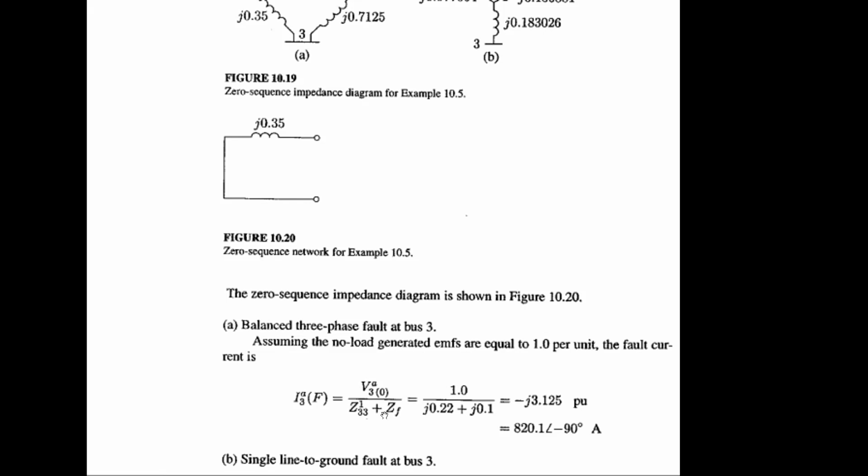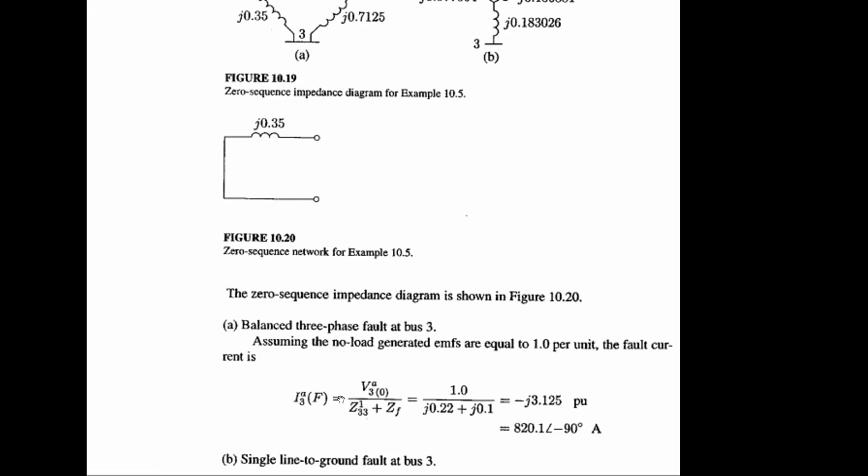In that case, you have to put the second part of that equation for balanced three-phase fault calculation as 0. Okay. So the upper terminal, the voltage EMF should be considered in terms of 1 per unit. The fault current will be I3A.